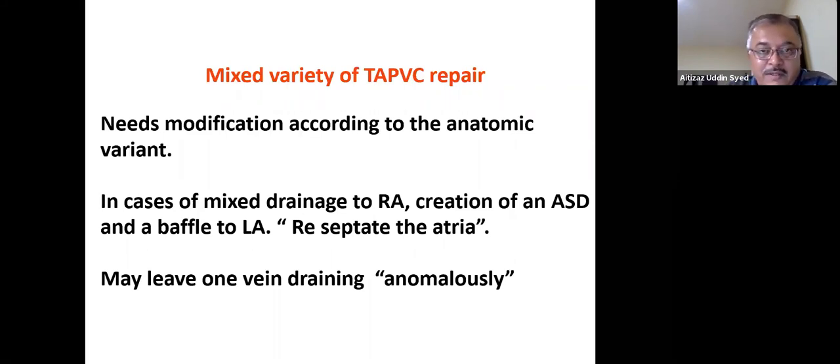It is possible. Mixed varieties are usually very rare, but if there's only one vein, don't bother to make a long anastomosis somewhere or some very fancy baffling. Usually these things just complicate it.